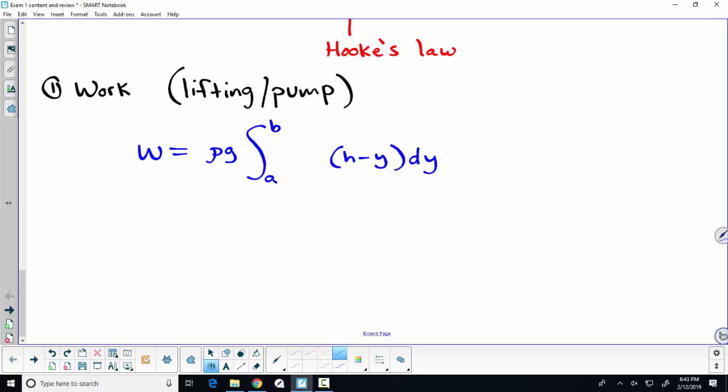The area. What's the area? The area function, the area of whatever cross sections.